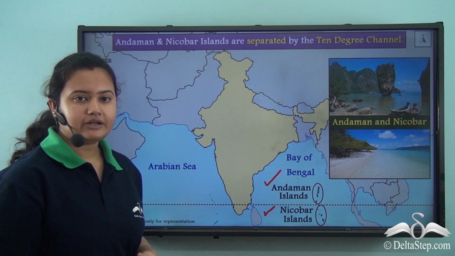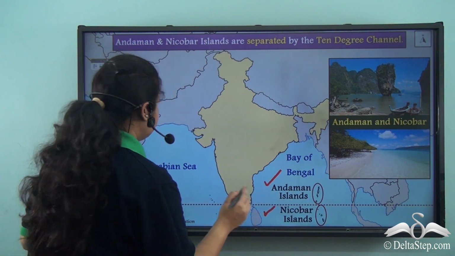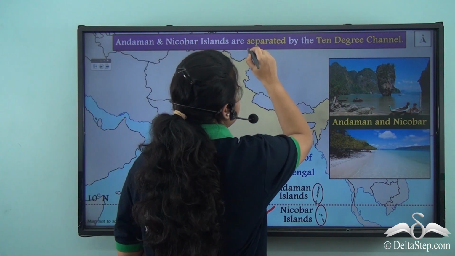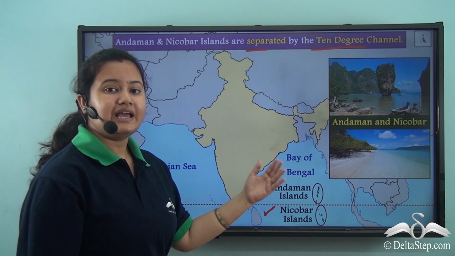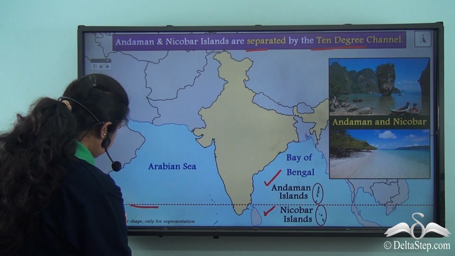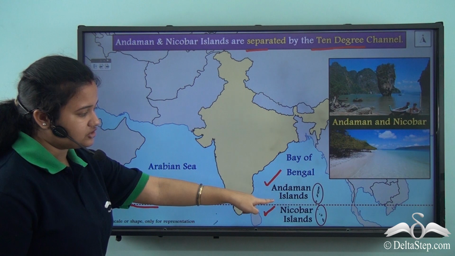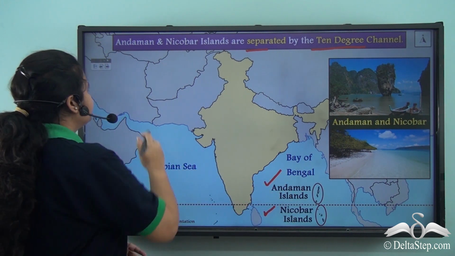They are separated by a narrow stretch of water, that is the 10-degree channel. It is actually named after the latitude, that is 10° north, that passes through this region and separates Andaman and Nicobar Islands.